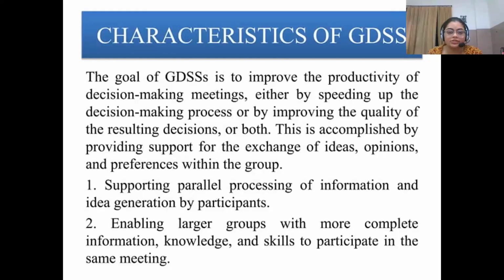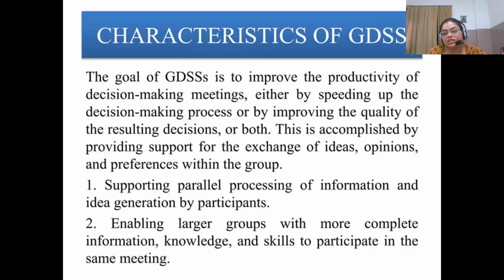What are the characteristics of GDSS? The goal of GDSS is to improve the productivity of decision-making meetings, either by speeding up the decision-making process or by improving the quality of resulting decisions, or both. This is accomplished by providing support for the exchange of ideas, opinions, and preferences within the group.